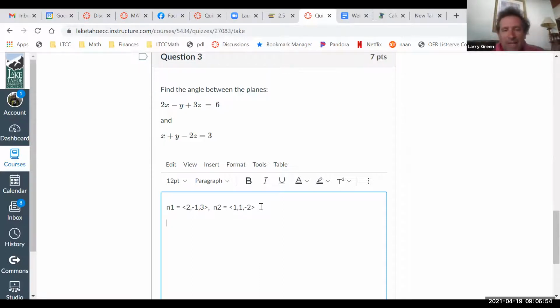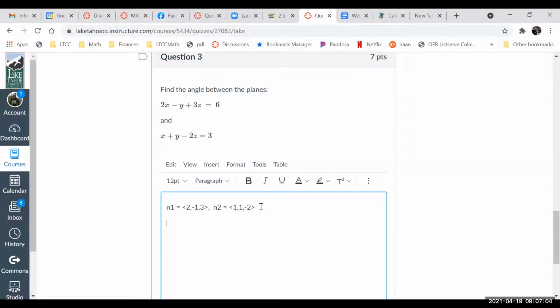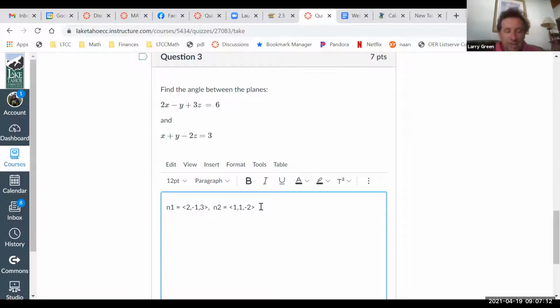And do you remember how to find the angle between two vectors? The arc cosine of the dot product of the two vectors over the magnitude of the two vectors times each other. Great, perfect. So let's find the dot product, n1 dotted with n2.